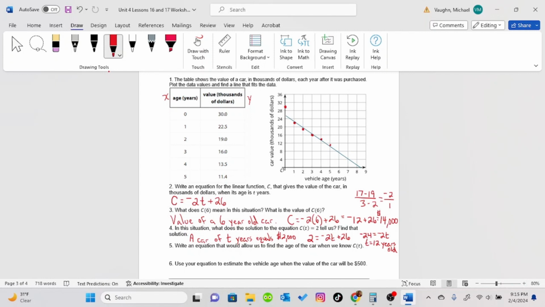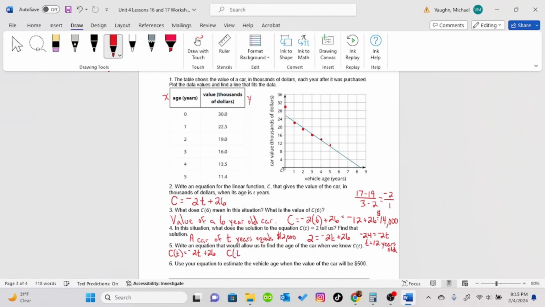Number 5. Write an equation that would allow us to find the age of the car when we know c of t. So now we take the original equation, c of t equals negative 2t plus 26. The first thing we would do is subtract 26 from both sides.